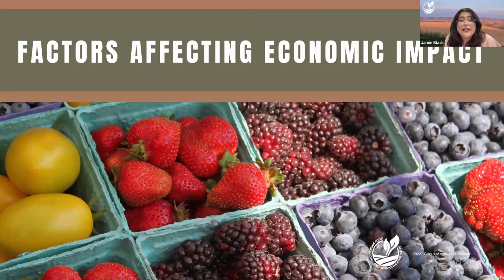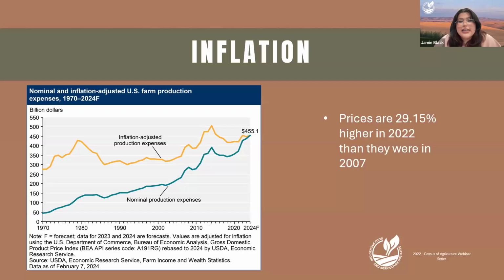So what are the factors that are impacting all this, and what's affecting this economic impact? The first is, of course, inflation. I feel like that's such a buzzword right now for everyone.